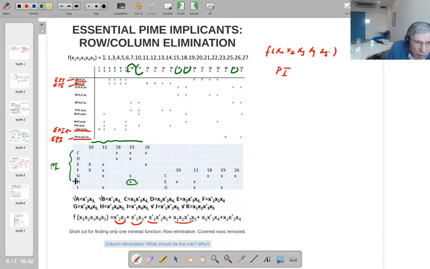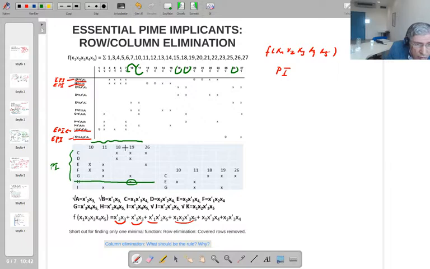If I remove this, nothing would change, because when I consider prime implicant H, I am considering covering 19. But if I consider G, G covers 11 and 19 together. So if I consider G, I do not have to consider H. That's why I remove that. Look at this one, for example.